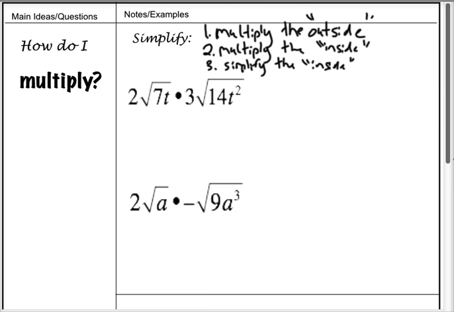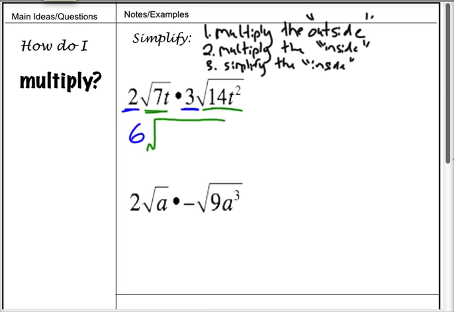All right, so what do I mean by that? Well, by multiplying the outside, I'm talking about outside of the radical. So I mean, take that 2 times 3 and get 6. All right? When I say multiply the inside, I mean multiply inside the radical because that is what also combines.